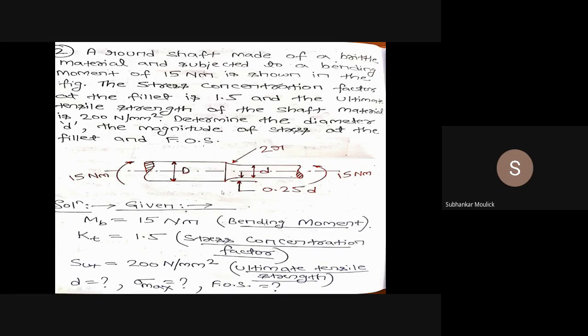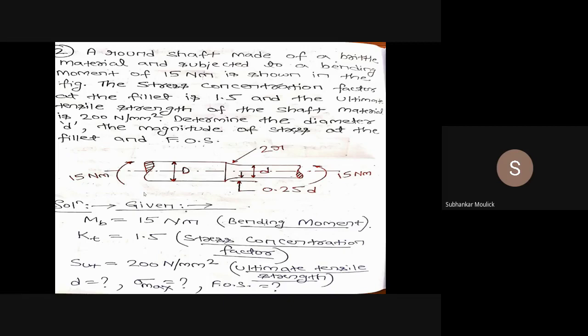Since the cross section of the shaft changes here, this will be the critical point, and the shaft can fail from this point. For this fillet cross section, KT is given as 1.5. Bending moment is applied. That means due to this bending moment, what will happen in the entire shaft?